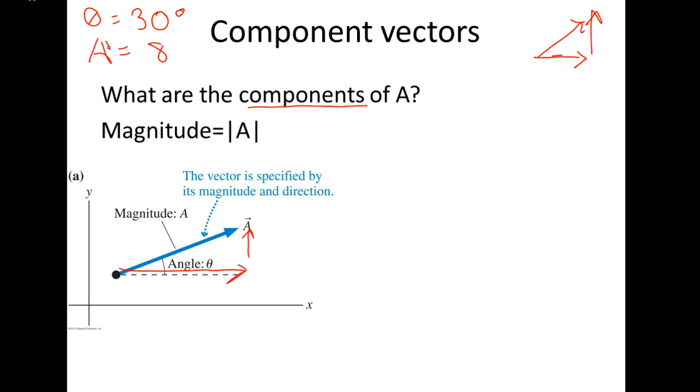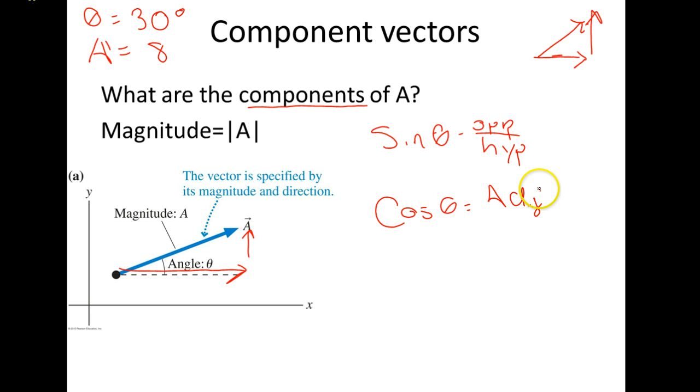And I've got to decide, okay, which trig function do I have to use? And so I know that sine of theta is equal to opposite over hypotenuse. I know that cosine of theta is equal to adjacent over hypotenuse.